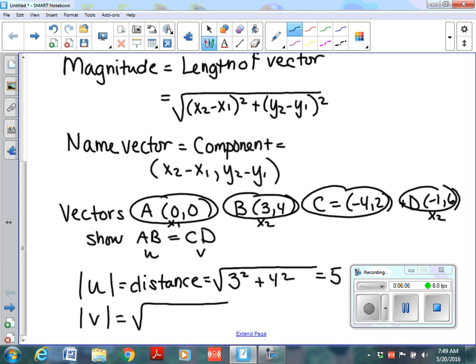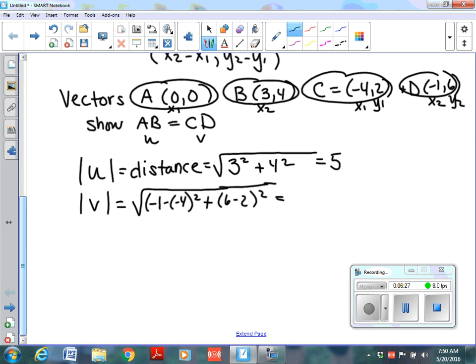I'm going to show my work on this one: the square root of (-1 minus -4) squared plus (6 minus 2) squared. A negative 1 minus a negative 4 is 3, and 3 squared is 9. 6 take away 2 is 4, and 4 squared is 16. You also get 5.